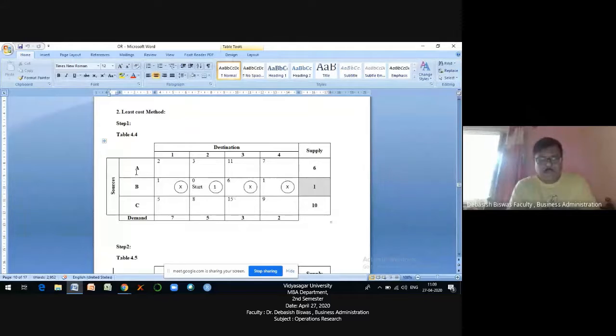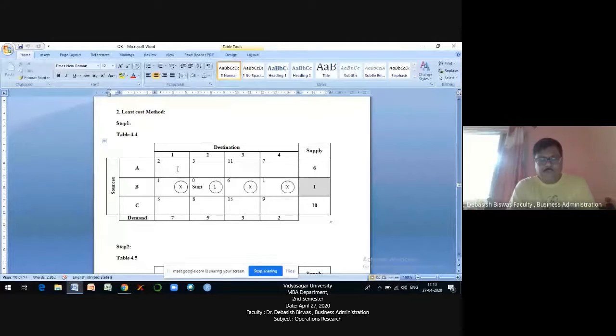We have written here step 1, table number 4.4. So this is our problem. We observe there are two sides: one is supply, the other is demand.